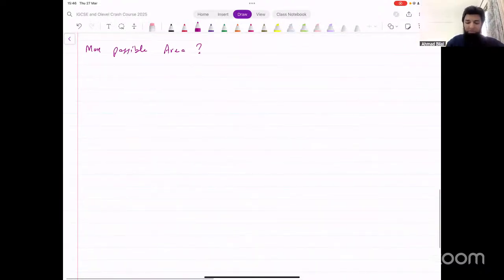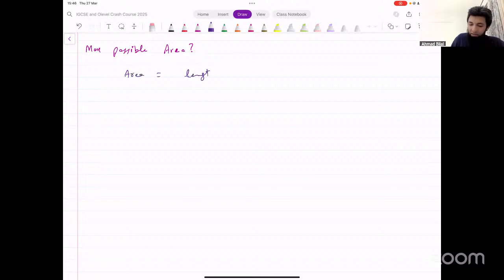Let's first of all write down the formula for the area of a rectangle. Area of a rectangle is given by length into width, right?